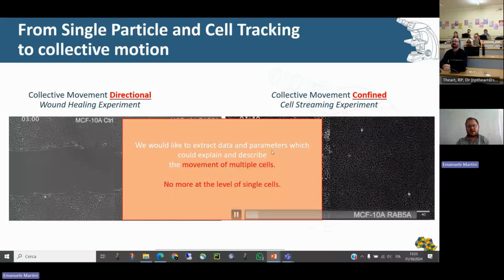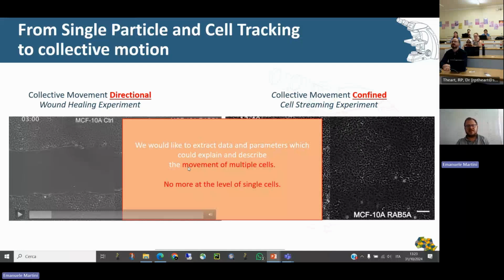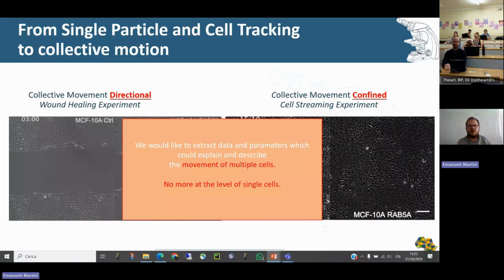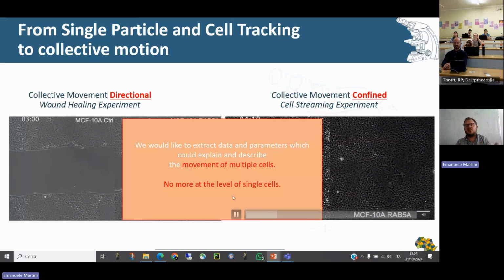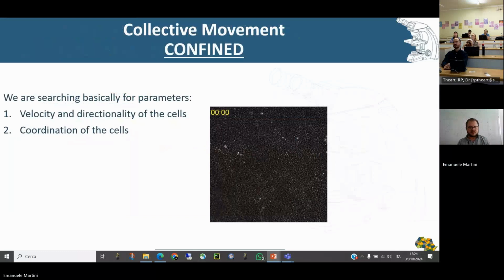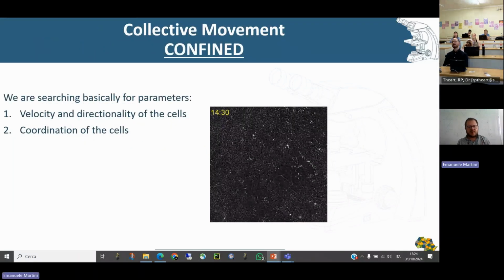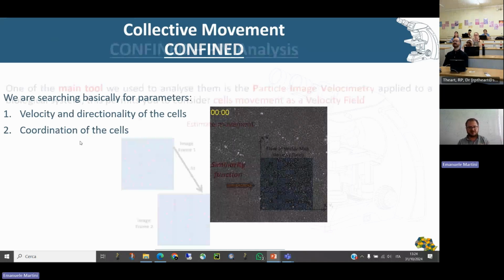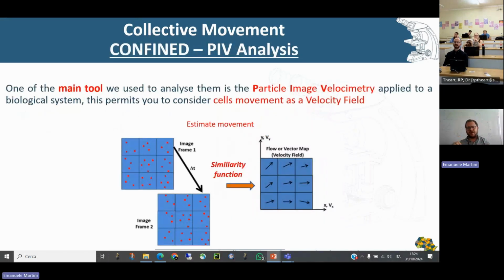We are interested in the movement, the correlation, and the way cells move as a group, less in how they move as single cells. We want to see velocity, directionality, and coordination of the cells. There are many tools to do it. One of the most used in this kind of experiment is the so-called PIV, or particle image velocimetry.